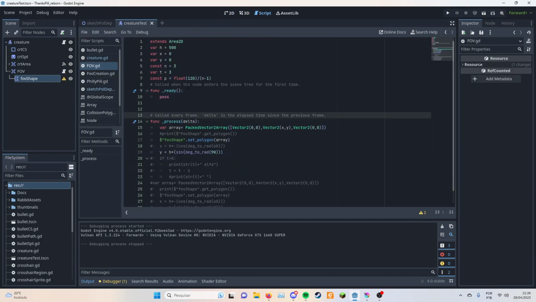But I programmed it to exist with this array of vectors. But the thing is, it was a very sharp, very squared field of view. It was not a conic section, a beautiful conic section. It was very blocky.